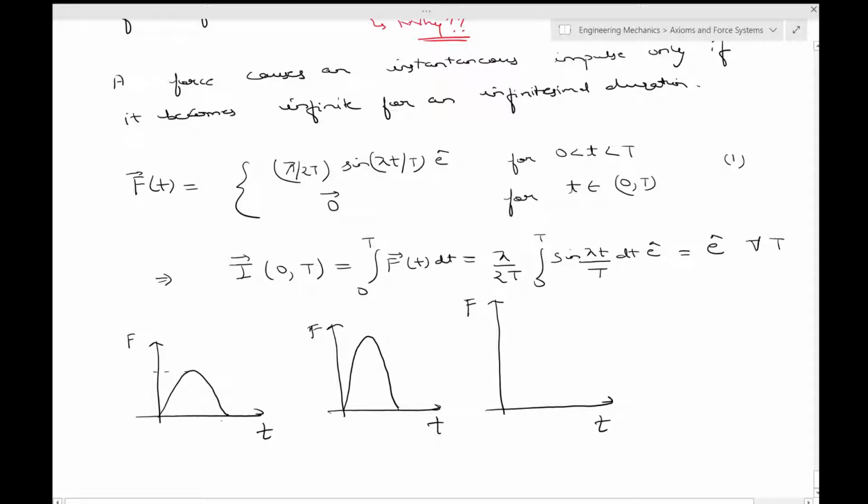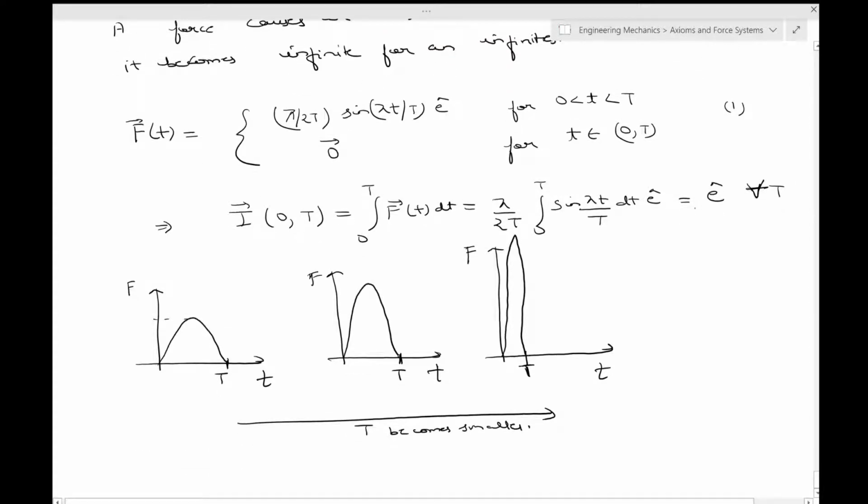It's just that the periodicity will keep on changing, but since this result is valid for any capital T, this will be true even for this T. So I hope you can see what I'm doing. I'm making T smaller, T becomes smaller, but the area under the curve will always be equal to 1, because you have 1 over here.